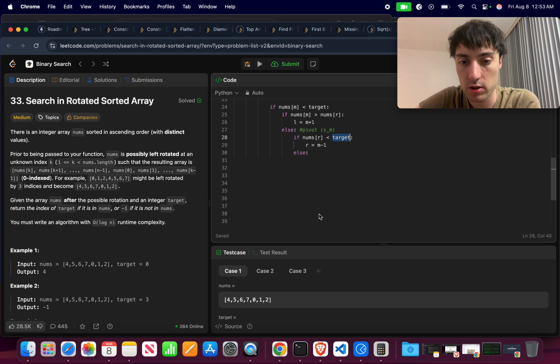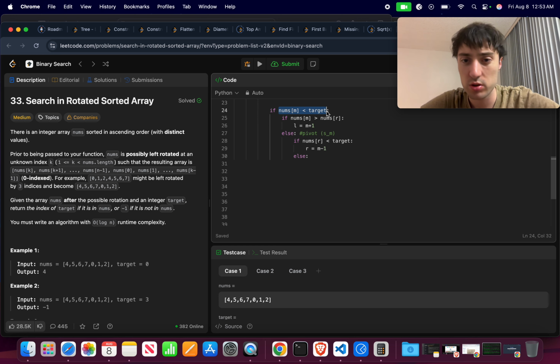So the pivot occurs here. And I need what? I need, the midpoint is too small.